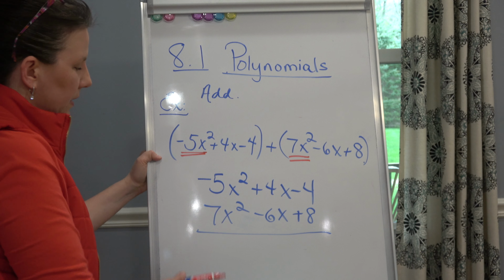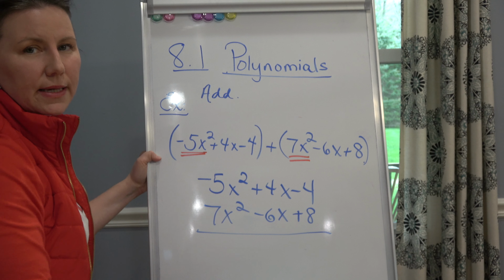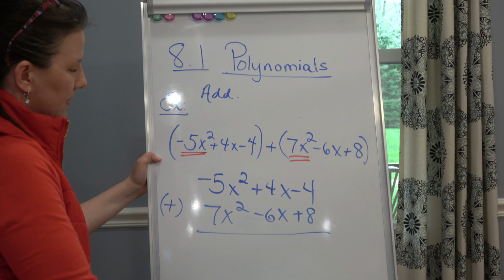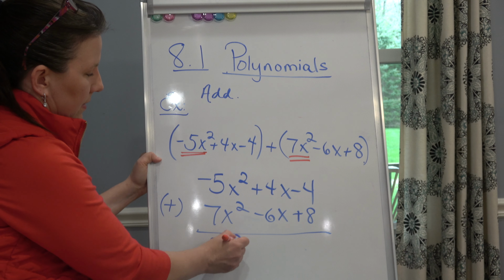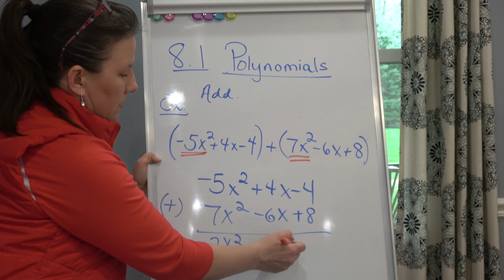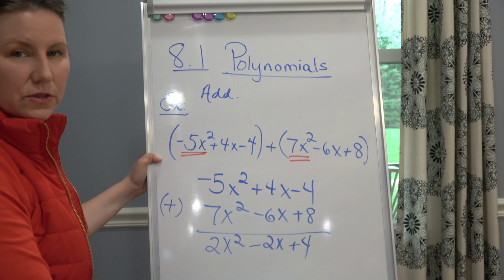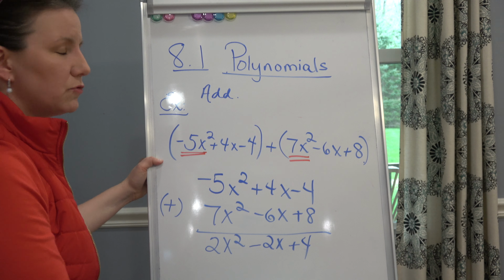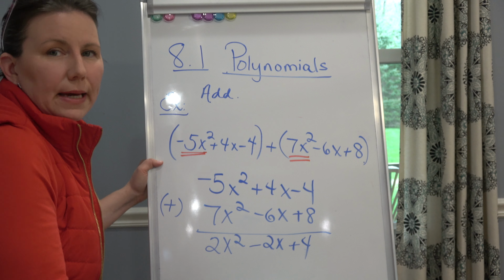Right, they like to work vertically because now everything is aligned and organized, right? So if you were to add these, you can see the coefficients organized, and of course you get the same answer. Okay, so it's not too bad because it's really just adding like terms, and we've done that.